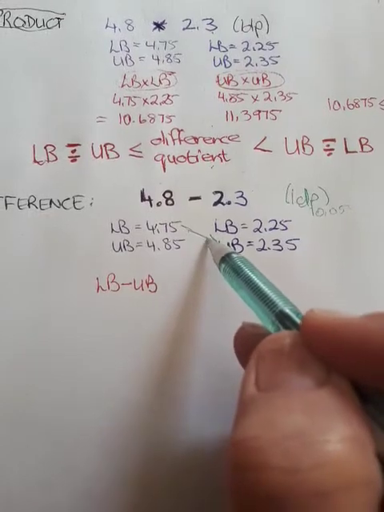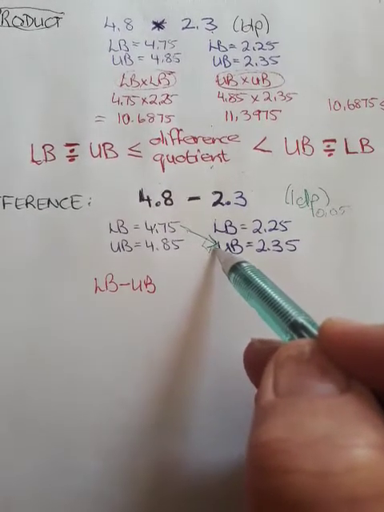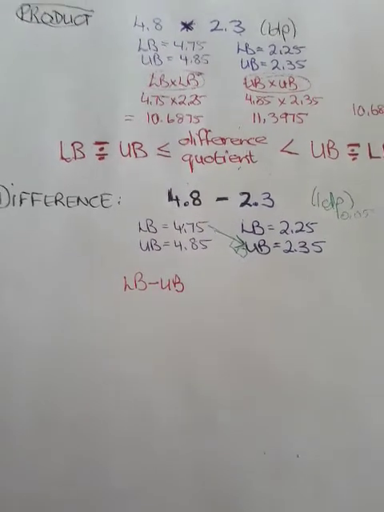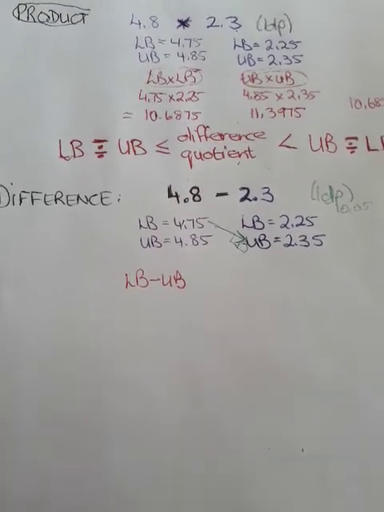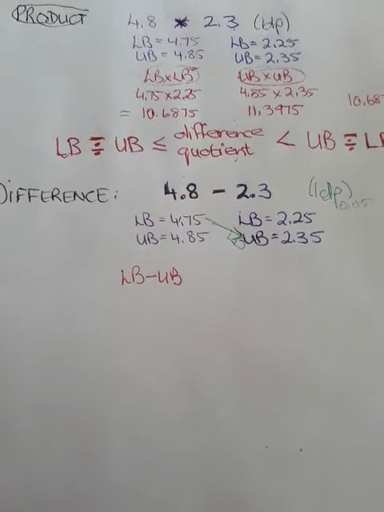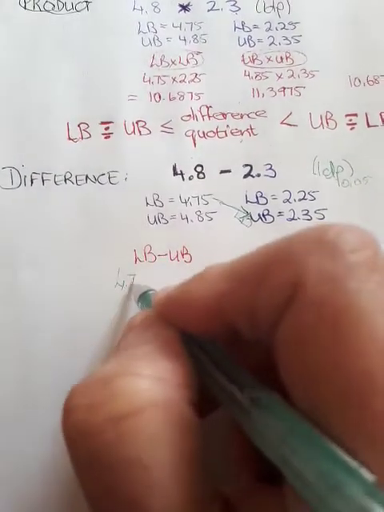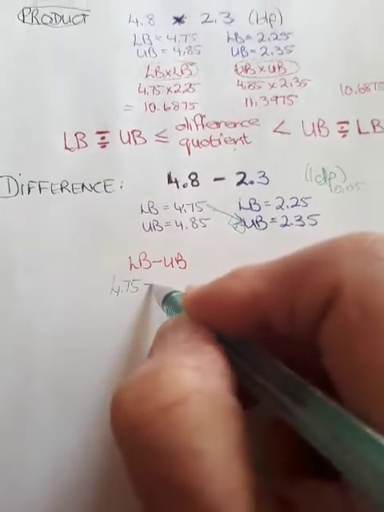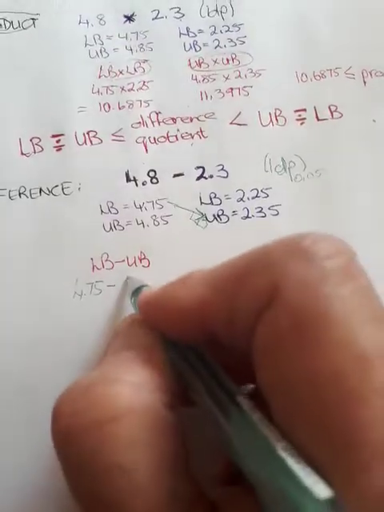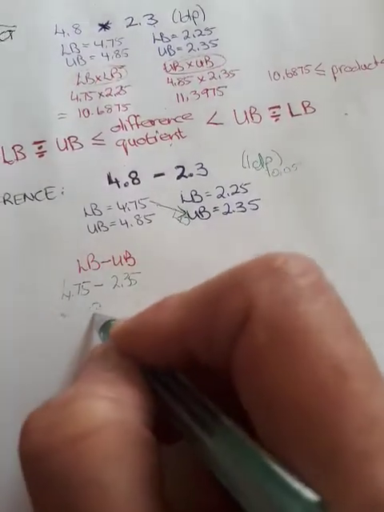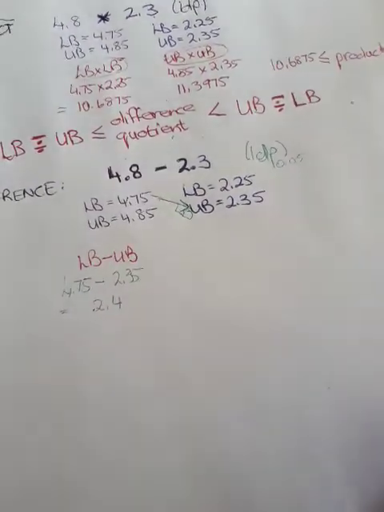In this case we take 4.75, which is the lower bound, and subtract the upper bound, which is 2.35. If we calculate that, we get 2.4.